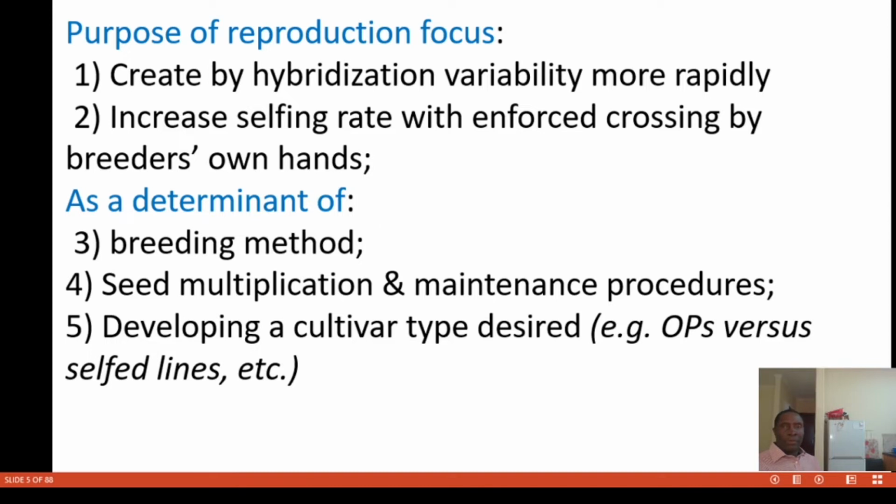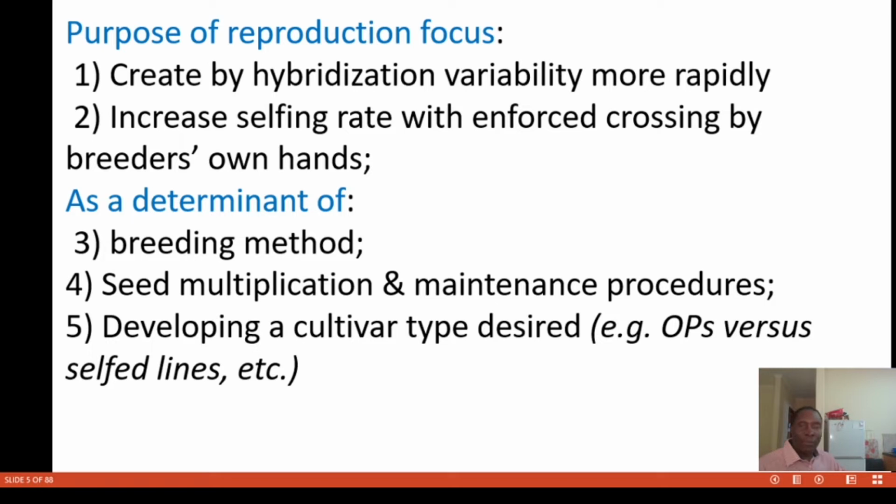Then also, the reproduction focus determines seed multiplication and maintenance procedures. Remember, the breeder's task almost will stop at the breeder seed. And that breeder seed is so limited that it needs to be multiplied further for distribution to farmers.